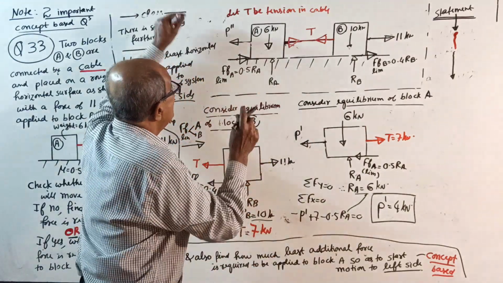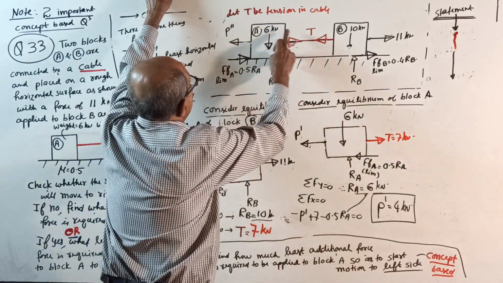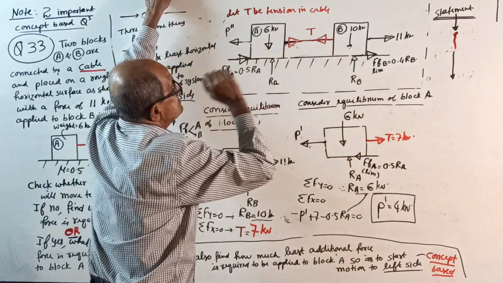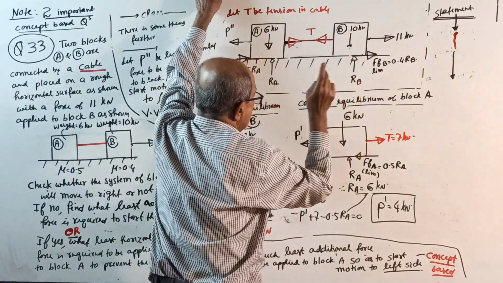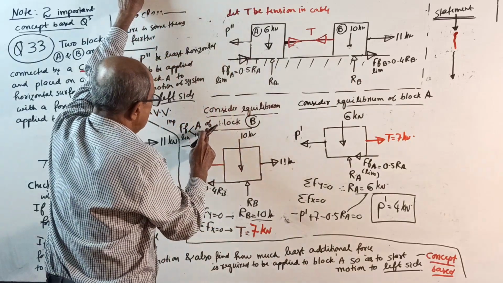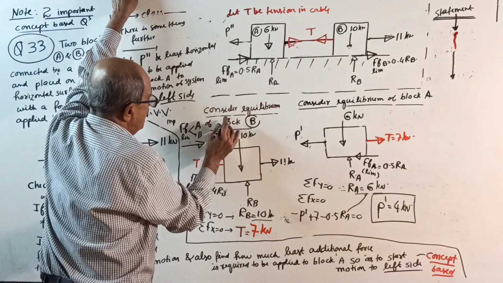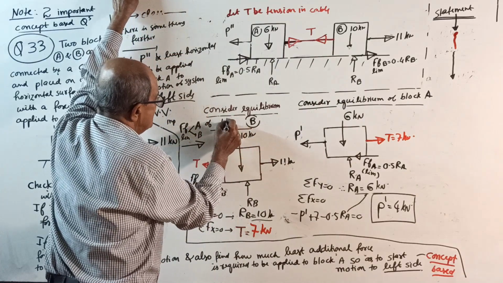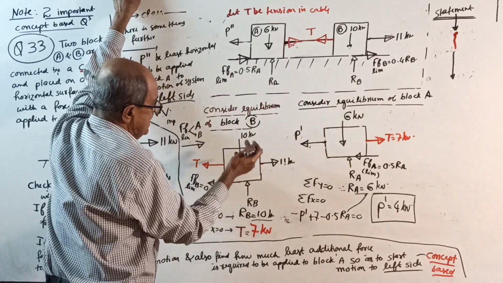Okay, now once again, unknowns. See, RA, T, P double dash, 3 unknowns. RB, 10, 11, T, 2 unknowns. First consider equilibrium of block B. See, 10 kilonewton, RB.